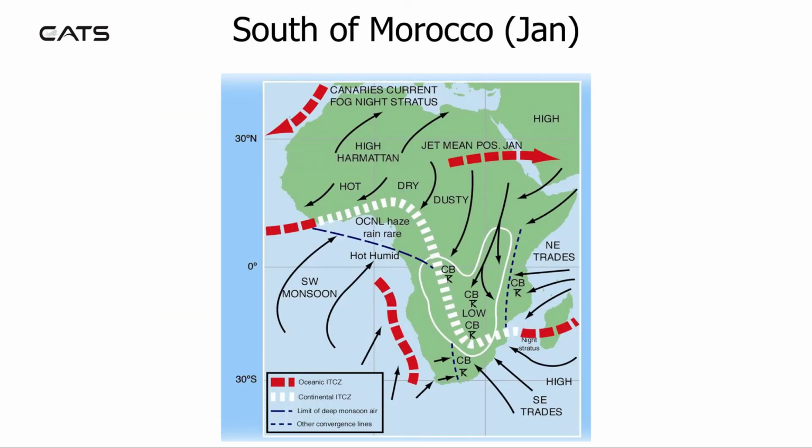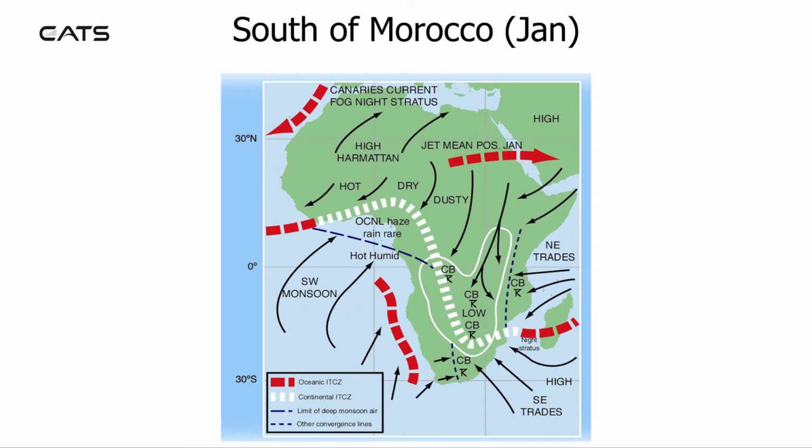South of Morocco, January. In Africa, in January, the ITCZ lies well south, going as far down as South Africa. North of the ITCZ, the winds are northeasterly.